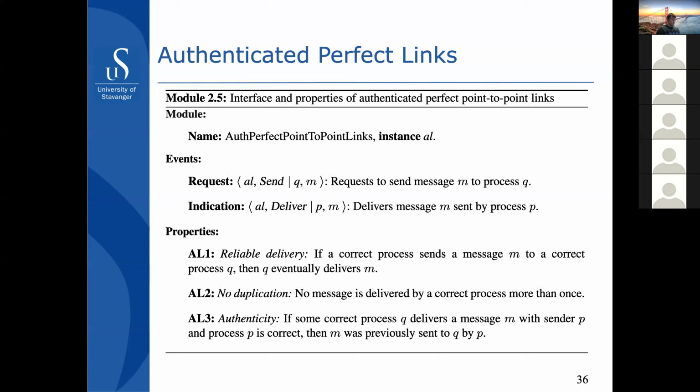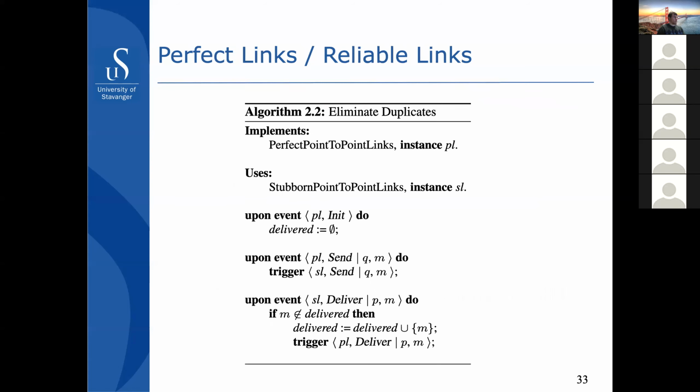So for example, if we try to use the perfect links model here, and a process is Byzantine faulty, it can deviate from the algorithm, meaning that it can actually skip this step, so it will deliver the message again.